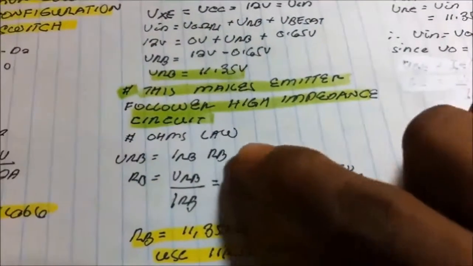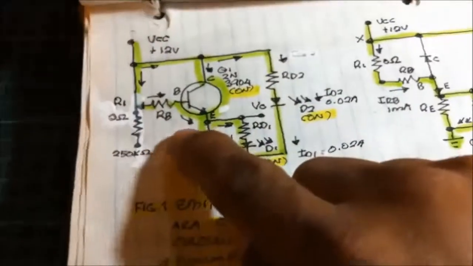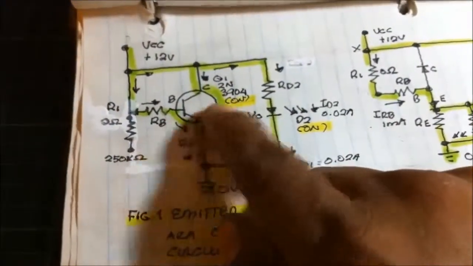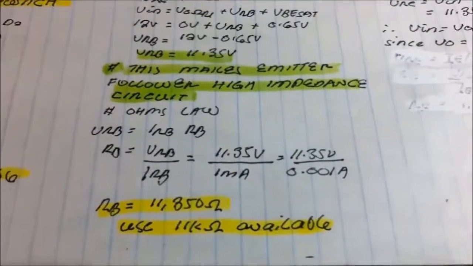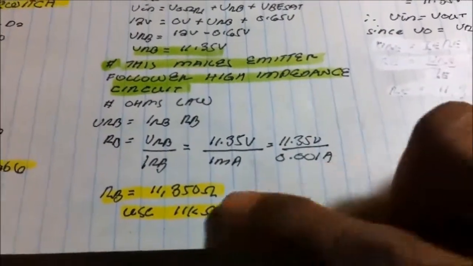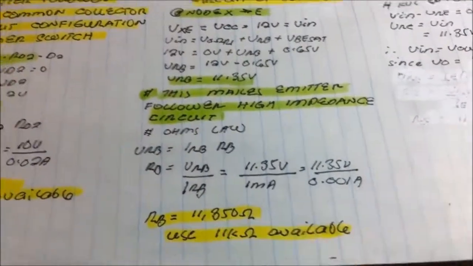That's why I set the value of 1 milliampere for the base, due to the current gain formula or behavior of the transistor. And we are now having this. I'm using 11 kilo ohms for the value of RB.